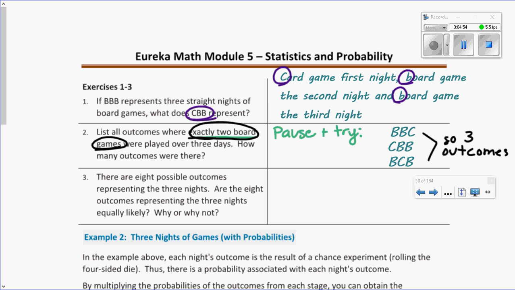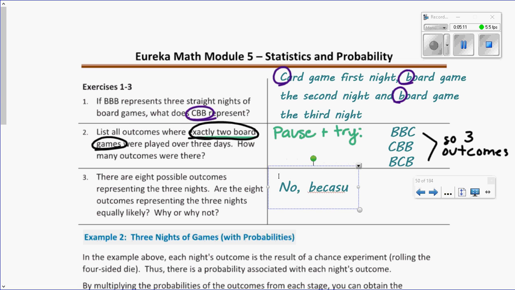There are 8 possible outcomes representing the 3 nights. Are the 8 outcomes represented in the 3 nights equally likely? Why or why not? You should know that they are not all equally likely because of that previous scenario they gave us.